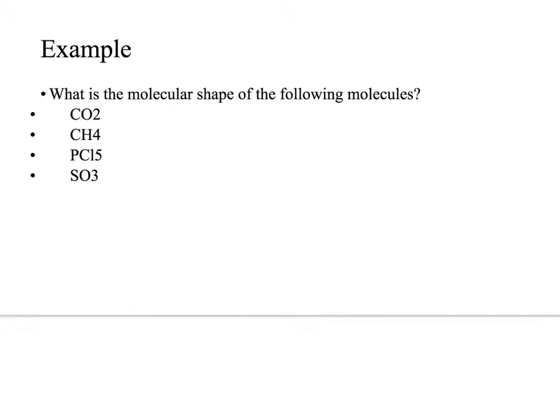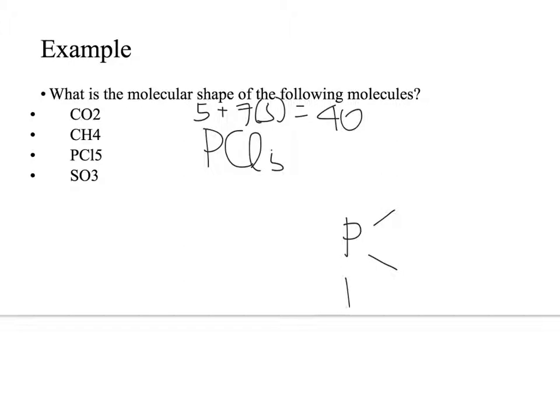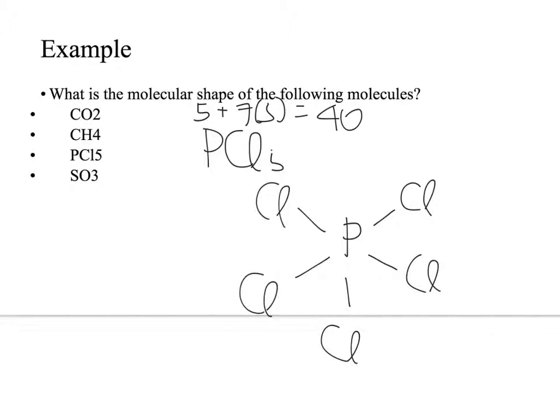We now move on to PCl5, which gives us 5 plus 7 times 5, which is 40. Now, you will probably notice this is a little bit unorthodox, that we have 5 of these. Meh, it happens. You basically just put all the atoms that you can have around it and just make it work.